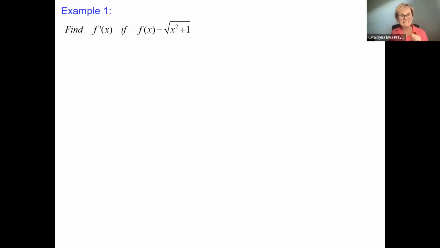What is the inner function of square root of x squared plus 1? Yes, it is x squared plus 1. I can say that x squared plus 1 is u.